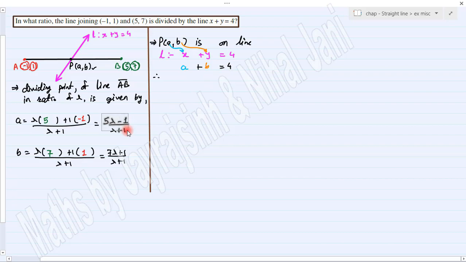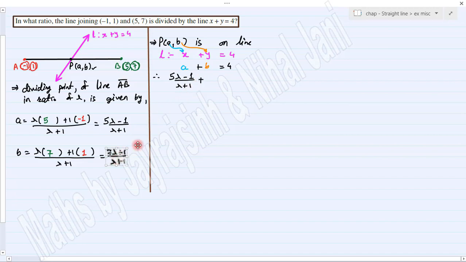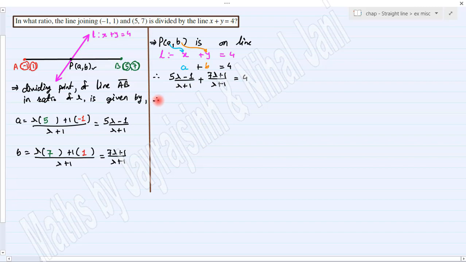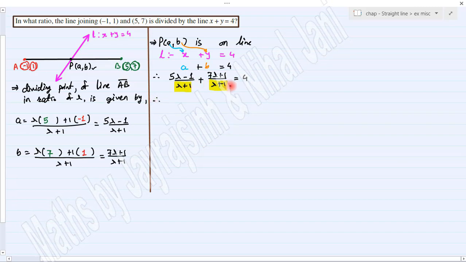But we already found the value of A as well as the value of B in terms of lambda. So now we just have to simplify. We have to take the LCM of lambda plus 1. So let's multiply with 4.